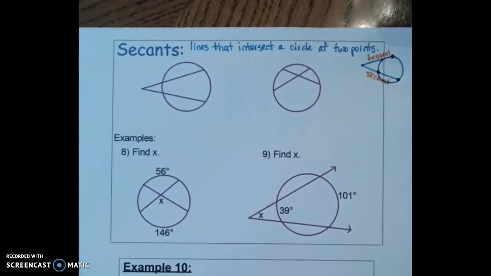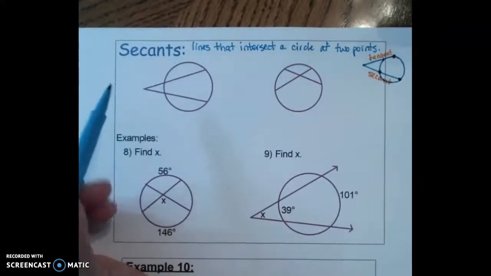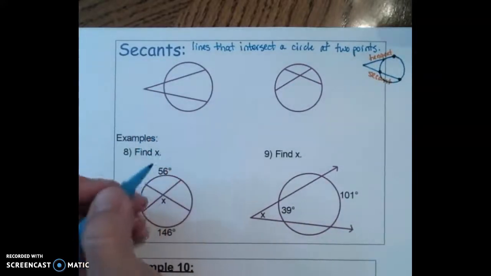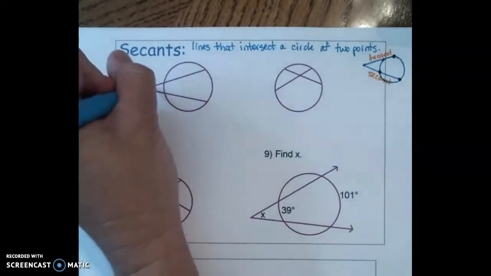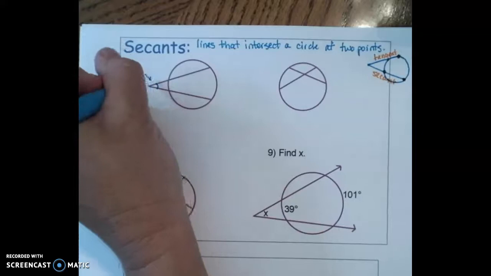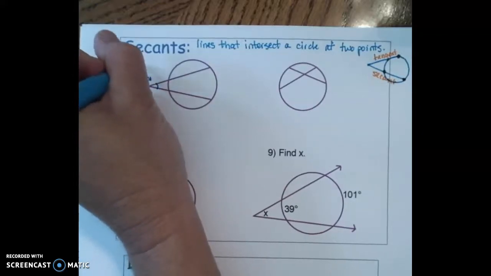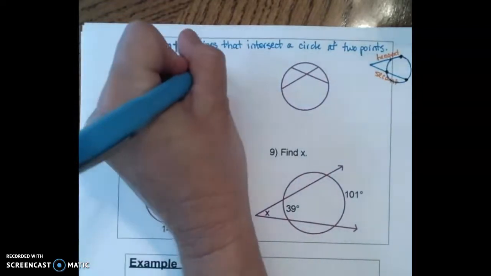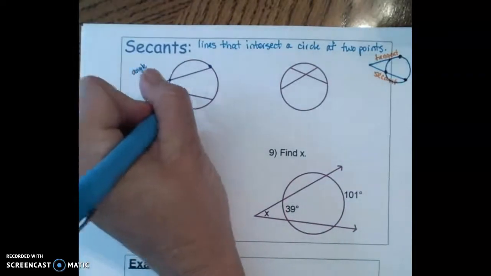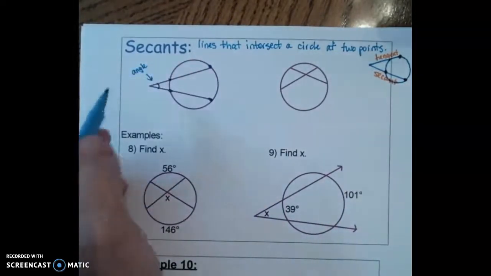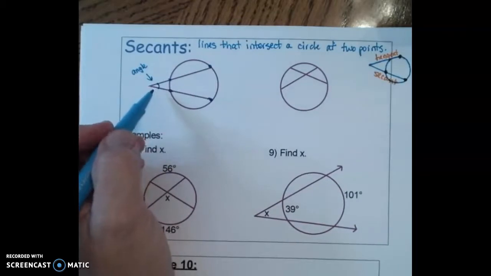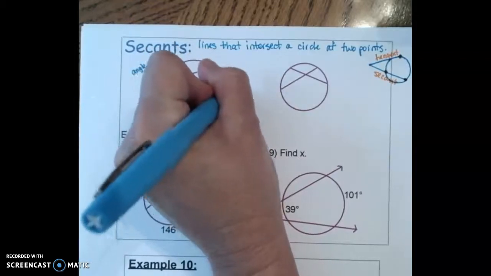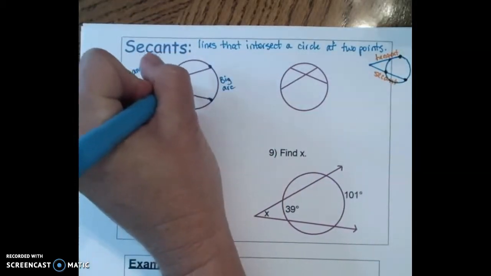Okay. So the first way we're going to talk about secants is to help us find angles in a circle. And there's 2 rules that we're going to work with here. And that is, we're going to find this angle on the outside of our circle. So if I'm looking for this angle on the outside of our circle that's created by 2 secants, because it touches the circle in 2 places, it's created this angle on the outside. So I call this the big arc and then the small arc.